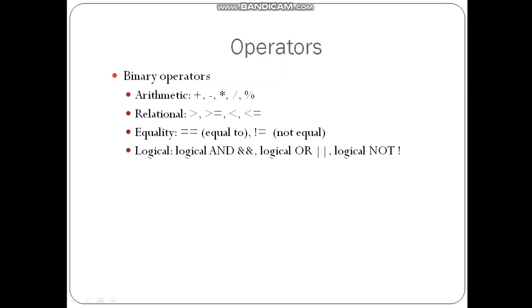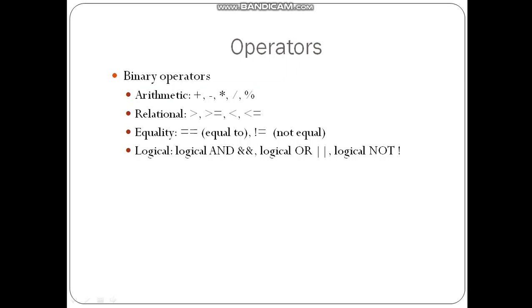The last binary operators are the logical operators: logical and, with the symbol double ampersand, logical or, and logical not, a single exclamation mark. As we proceed to the programming section, we will come across these different types of operators. So these are the binary operators.